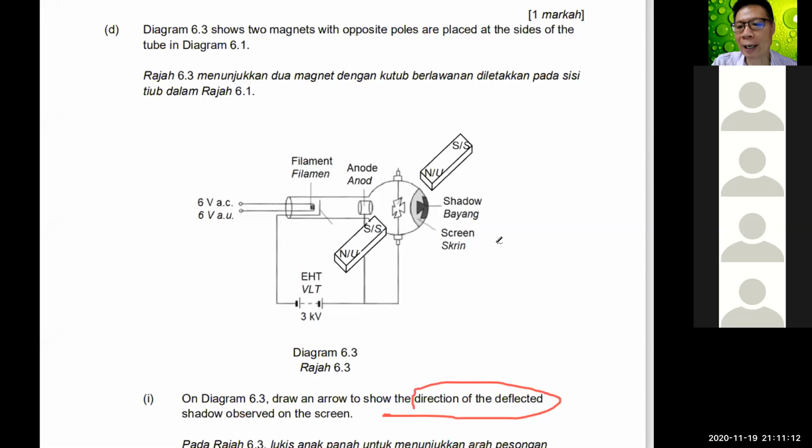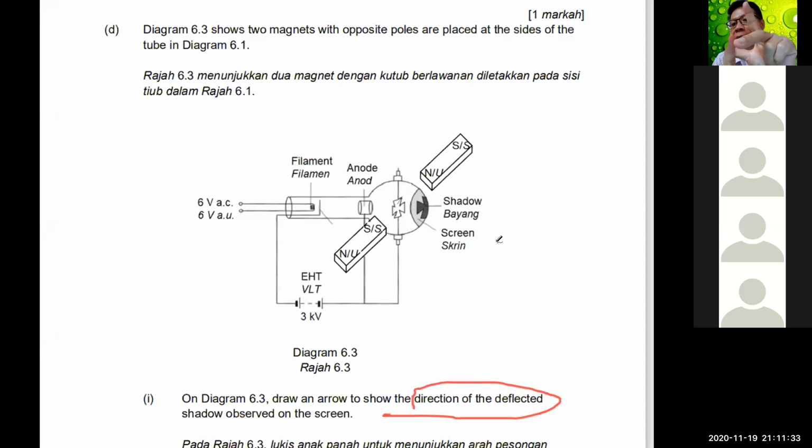Use what hand? Chuang, use what hand? Fleming's left hand rule. Yes, correct. Your left hand, three fingers. First finger shows the direction of the magnetic field, north to south.